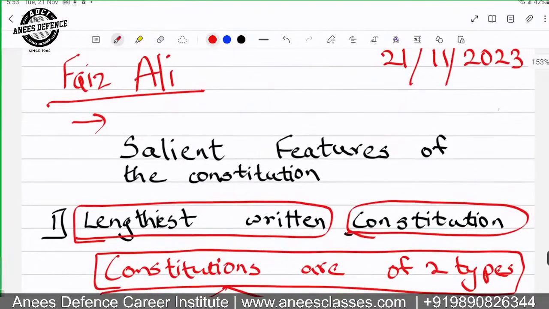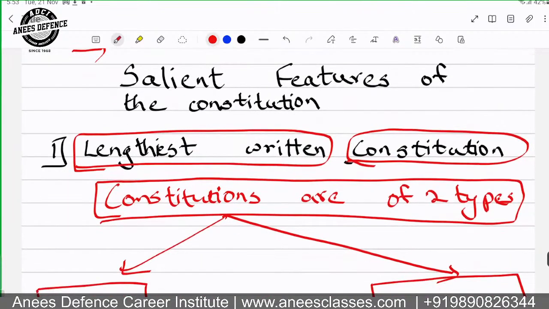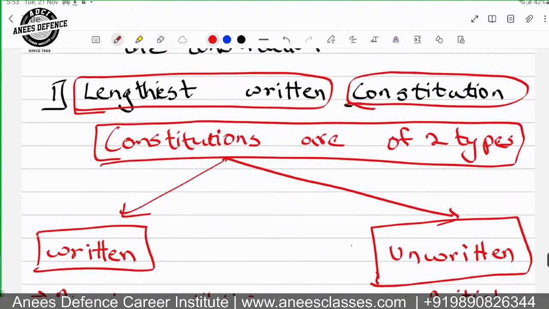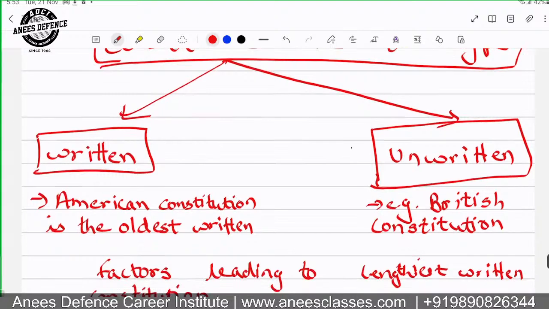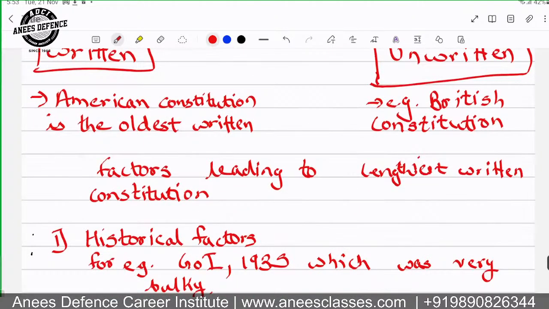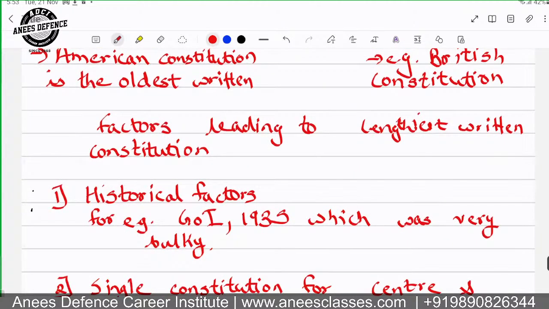We have started with the salient features, lengthiest written constitution. Then we have seen that constitutions are of two types, written and unwritten, American Constitution and British Constitution. Then the factors which caused this lengthiest written constitution of India.